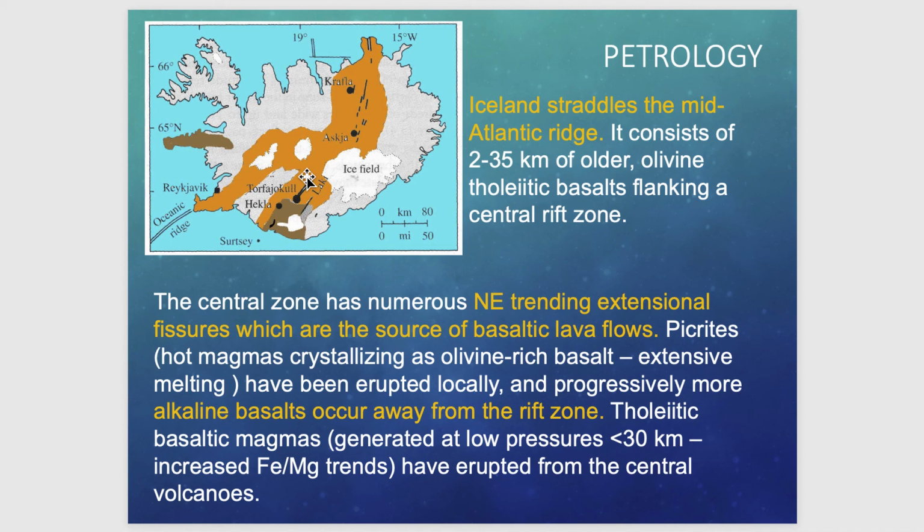We have again tholeiitic basaltic magmas, which are however generated at relatively low pressure, so less than 30 kilometers, which leads to increased iron contents, and yes, they erupt from the central volcanoes.